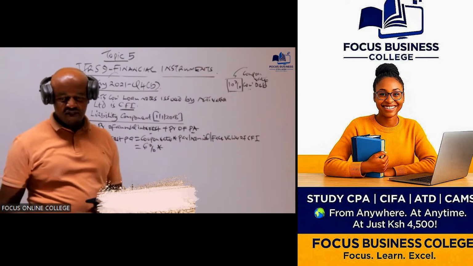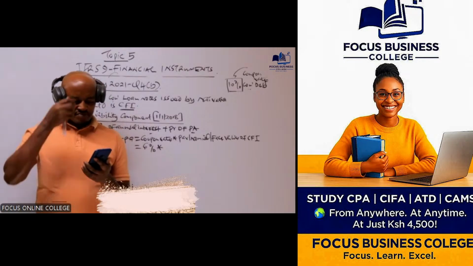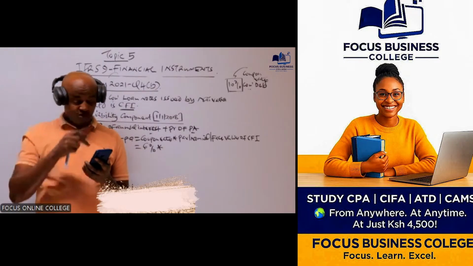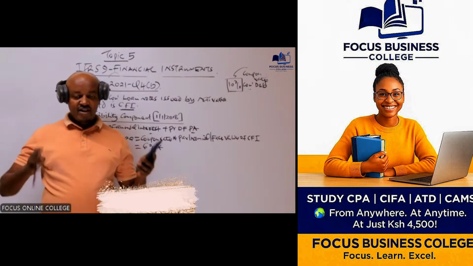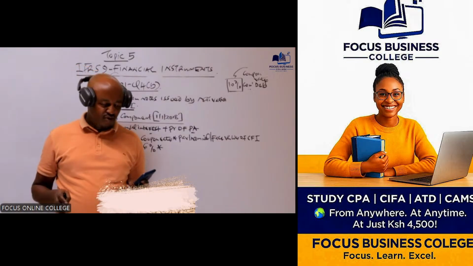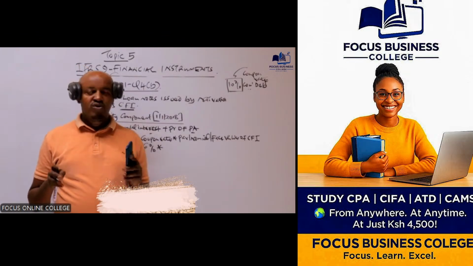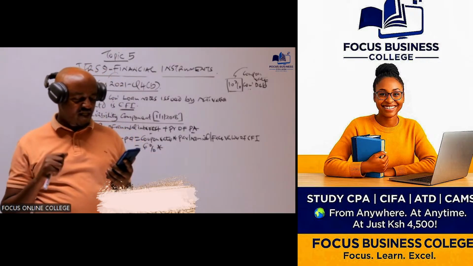Now that information is given in paragraph 1. Can we go back to paragraph 1? In paragraph 1, you're told Naivasha Limited issued 500 convertible loan stock. The convertible notes issued were 500. And then you're told they were issued on 1st January 2018 at par.